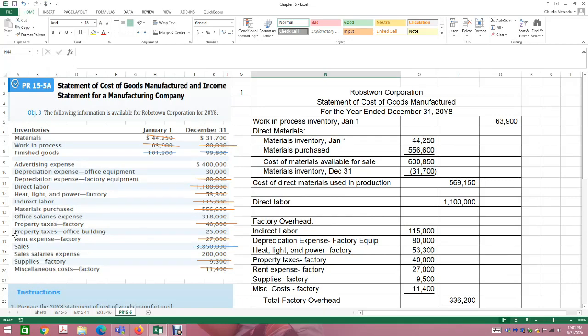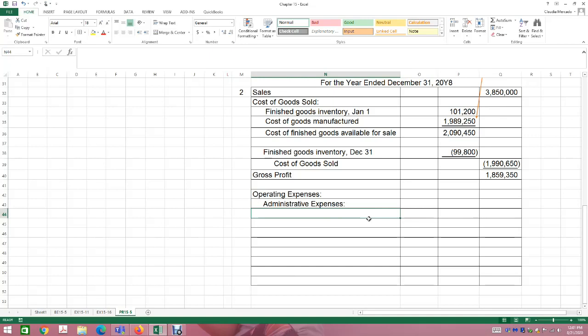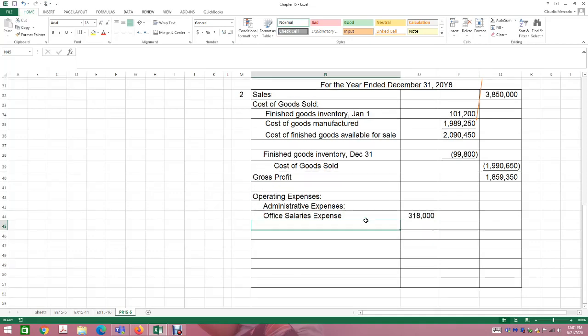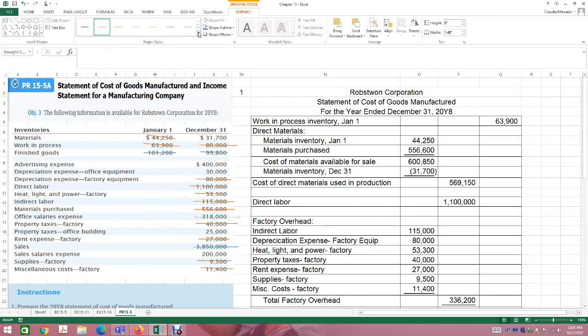So we have office salaries expense of $318,000. Okay, let's mark that off. Office salaries expense of $318,000.